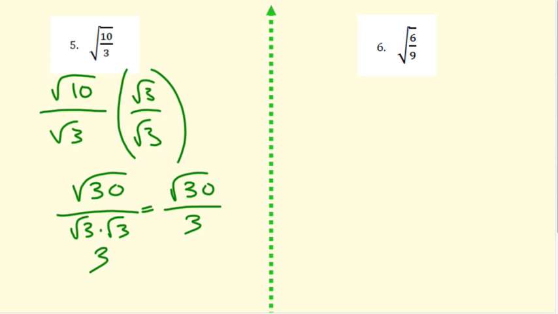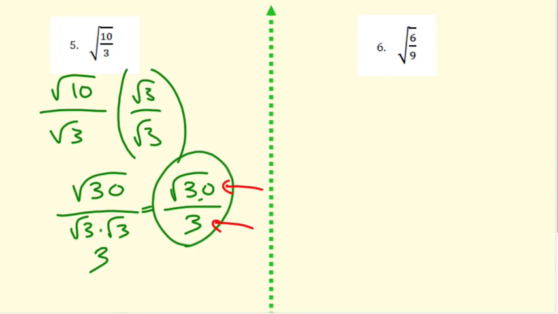Now, one little note about this one. I will see a lot of kids whose answer would be this, but then they go one step further and try telling me that this is just going to be the square root of 10. All they do is take 30 divided by 3, but they leave it underneath the square root. You cannot do that, because which part is underneath the square root? Well, just the 30.